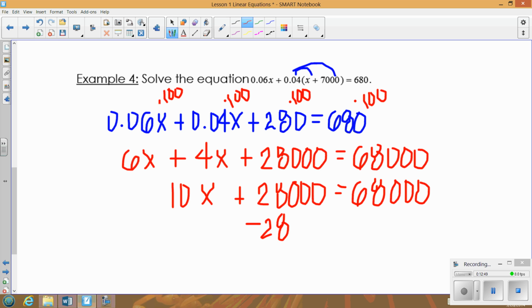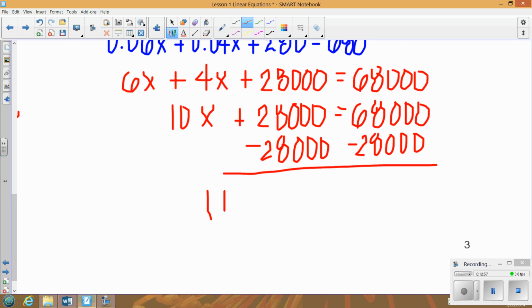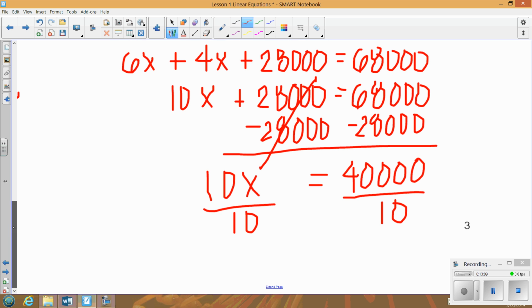Subtract over the 28,000. So we have 10x, those are gone, equals, so 0, 0, 0, 0, and 4, so 40,000. Divide everything by 10 is like thinking of removing a 0 from this. So we have x equals 4,000.